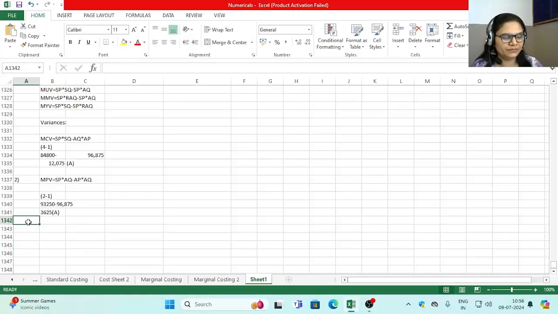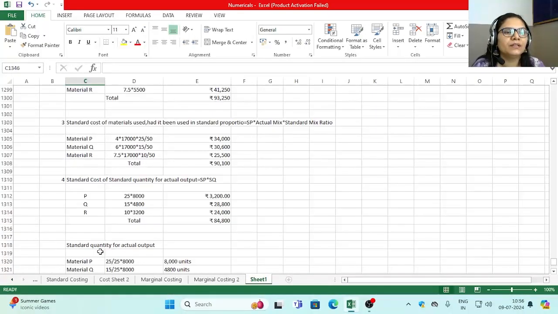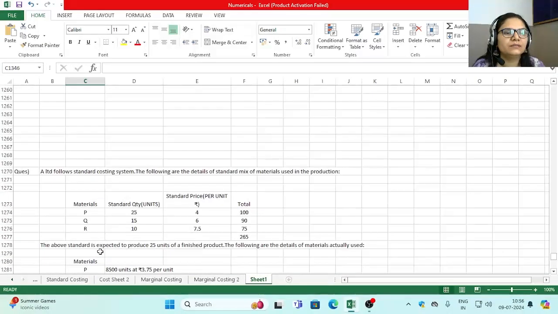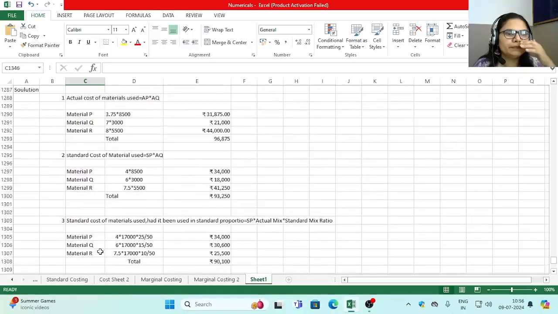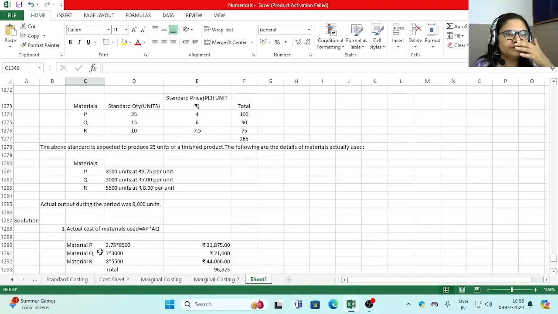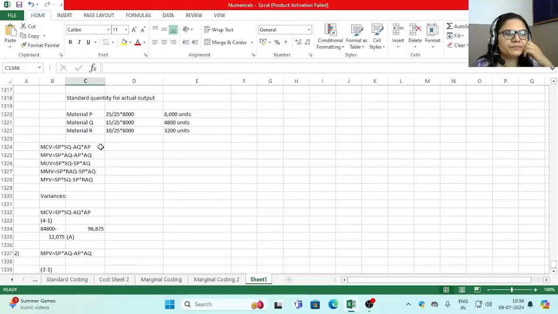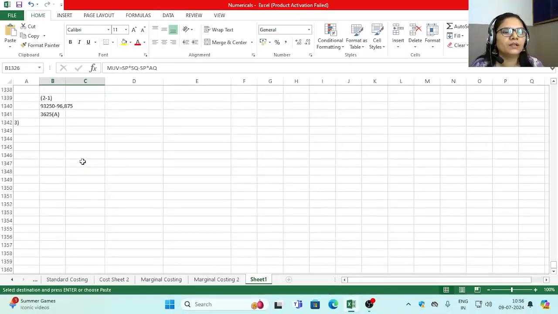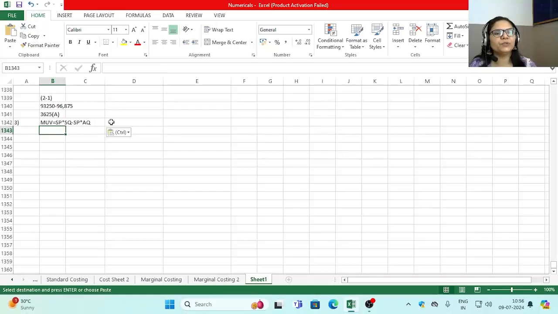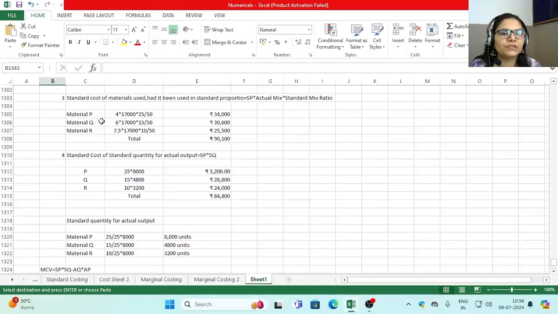Next is 3. We need to calculate material usage variance. Material usage variance is SP into SQ minus SP into AQ. We know SP into SQ is calculated at the 4th number.